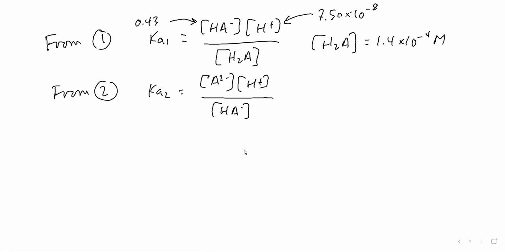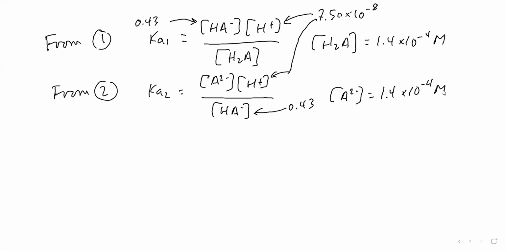We know the value for Ka2 from the previous page, we know H plus, and we're assuming HA minus is 0.43. With everything plugged in, we can calculate A2 minus, and I get a number very close to, once again, 1.4 times 10 to the minus 4th.